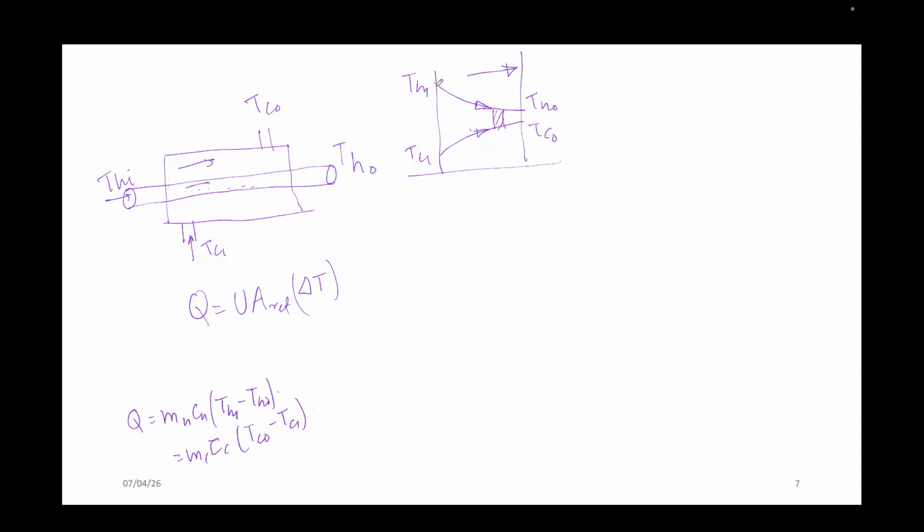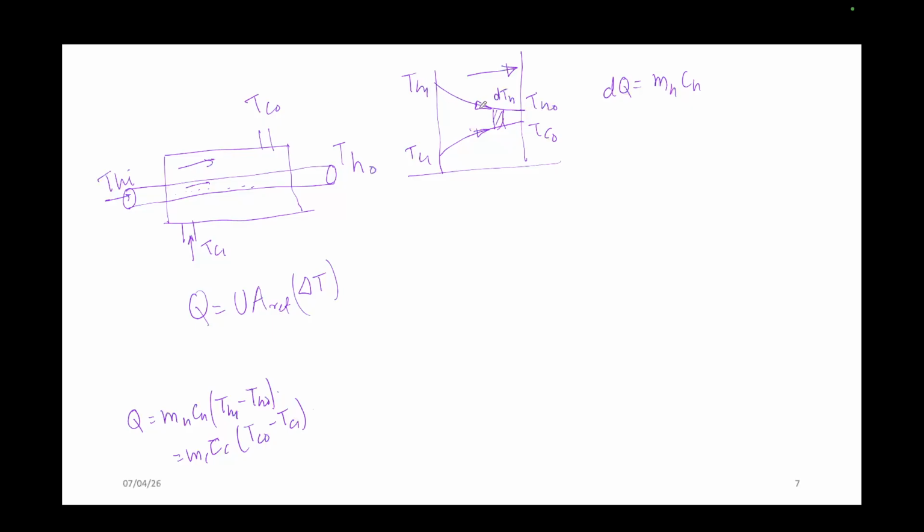So in this direction, if I take the small heat dq, it would be mH CH into a temperature difference in this region. So that will be dTH, right? So is this plus dTH or minus dTH?